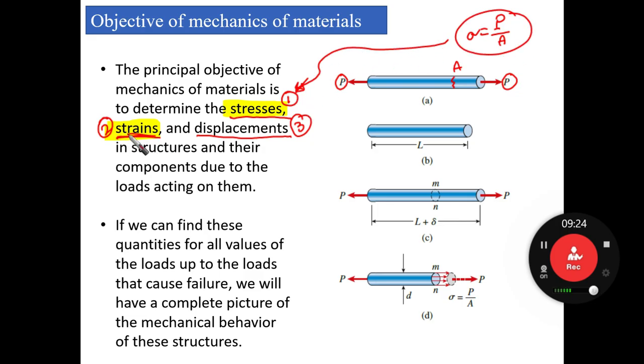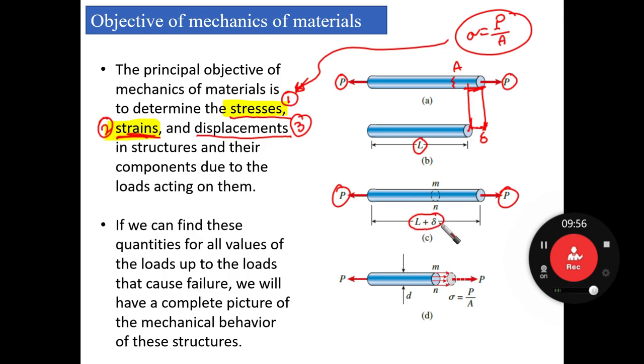And strain means that under the tensile forces being applied on the system, the original length of the solid body is going to be extended, as you can see here. Okay, this extra length we call delta, for example. So after the force is applied, we're going to find that the length of the element is going to be L plus delta.